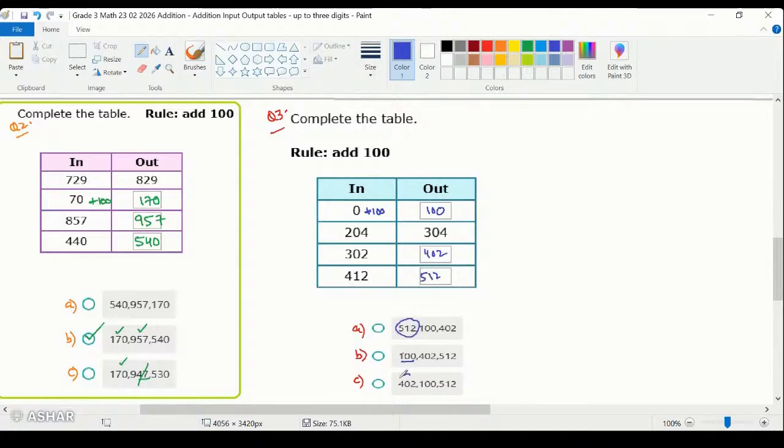This is not 100. That means only option B is the correct answer. Okay. Thank you. For the next question, it says, add 100. Question number 4.